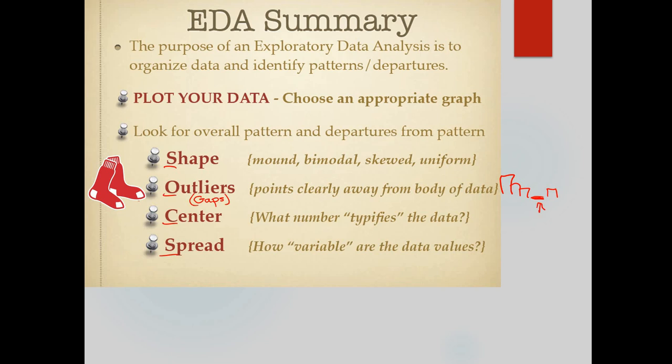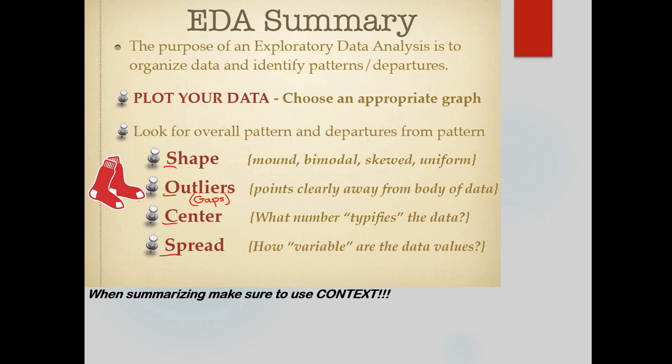You want to point out that between 20 hours of TV a week and 35 hours of TV a week, that's a lot. There was a gap in that distribution. You always want to do it in context of your data: hours a week watching TV, exercise, pulse rate. You always want to use the actual context.